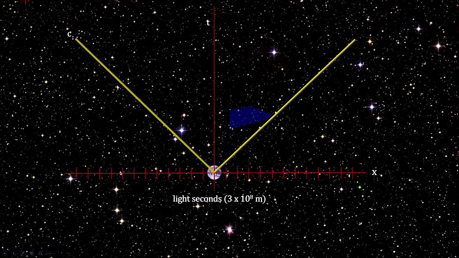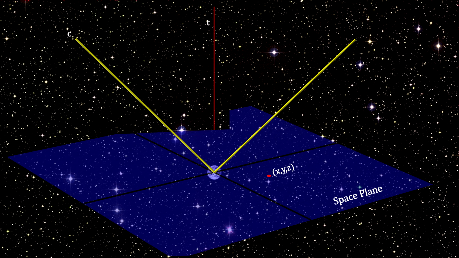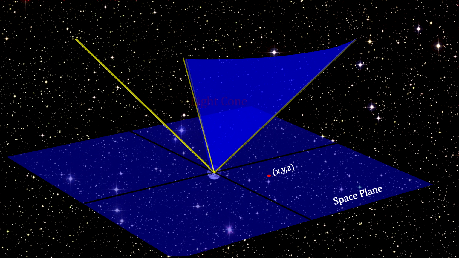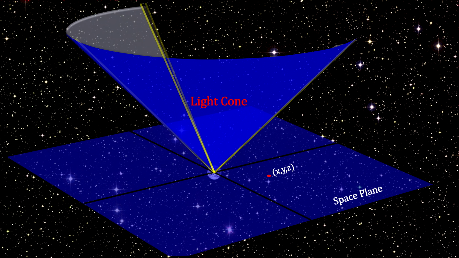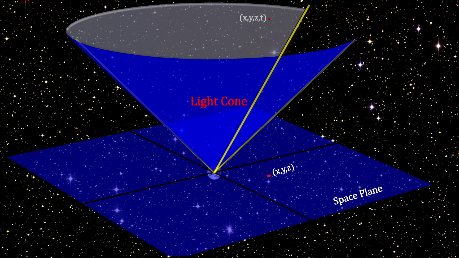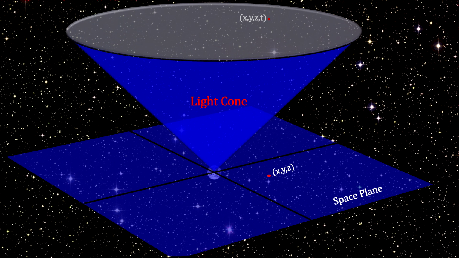If we then extend the x-axis line to be a plane that we'll use to represent three-dimensional space, we can rotate the light line 360 degrees to create a cone, the light cone. This is the four-dimensional space-time graph.